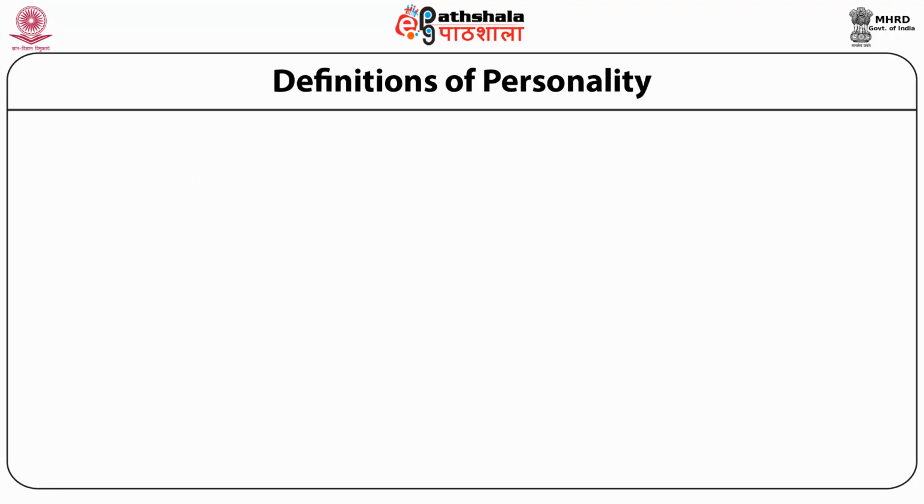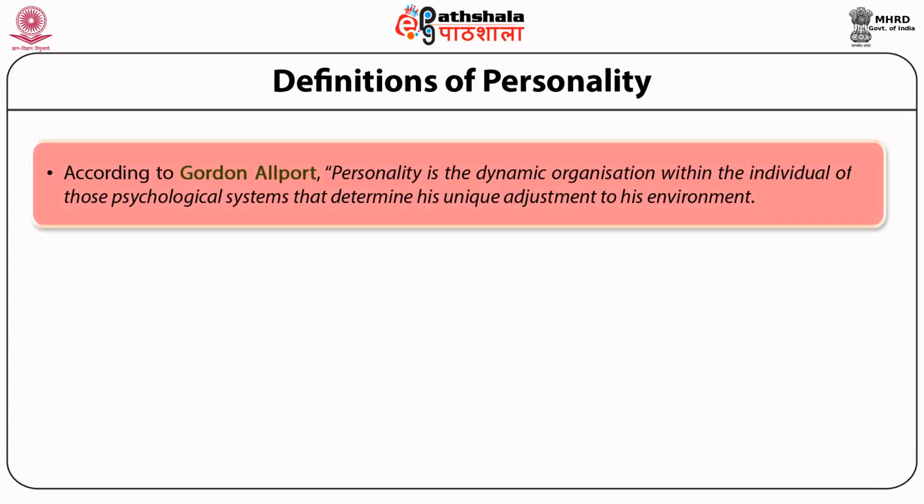The concept of personality can be better understood by a definition given by Gordon Allport. Personality is the dynamic organization within the individual of those psychological systems that determine his unique adjustment to his environment.